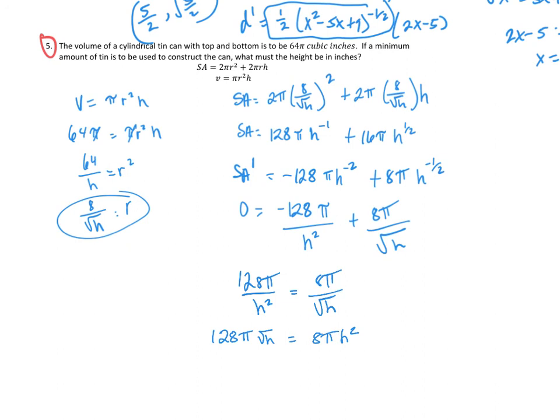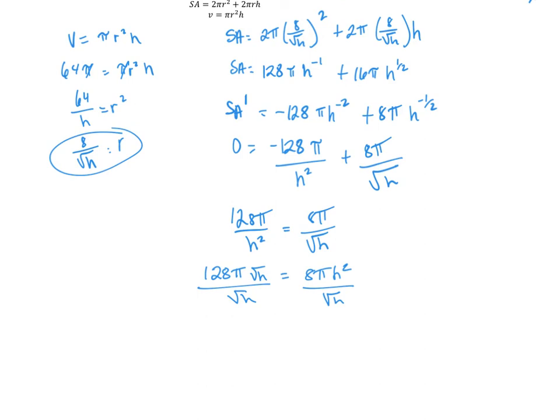I can divide by a root h is what I'm going to do first, just to get the h's together. So h squared divided by h to the 1/2 would be a 3/2.